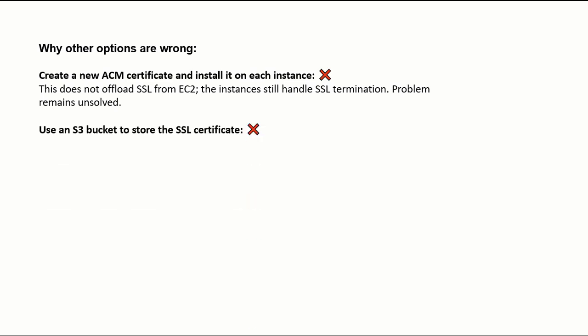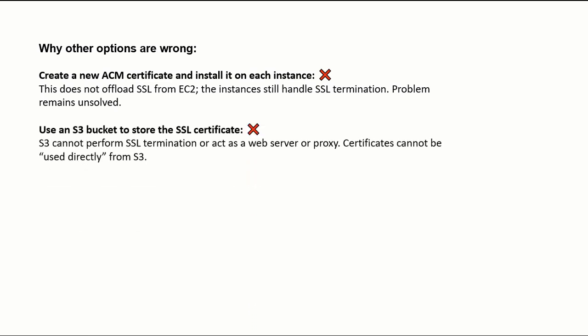If you are using an S3 bucket to store the SSL certificate, S3 cannot perform SSL termination or act as a web server or proxy. S3 is mainly meant for storage. It is not meant for SSL termination or acting as a web server or proxy. So the certificate cannot be used directly from S3.